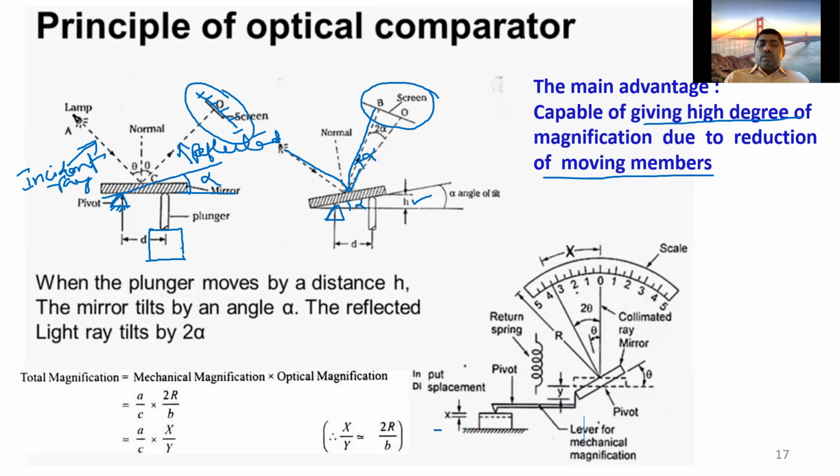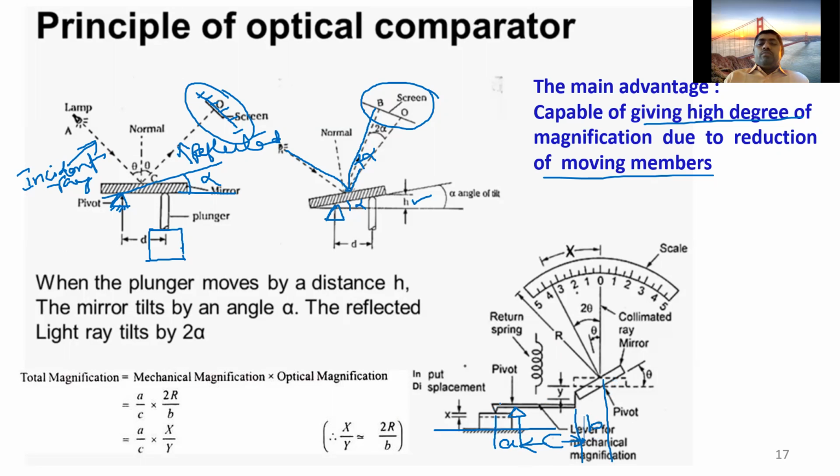We have the reference surface, that is the datum, on which we can place the workpiece which is to be inspected. We have the pivot point. The distance between the plunger point and the pivot point is A. The distance from the mirror point to the pivot point is C. From this point to the center of the mirror is B; this is the radius.